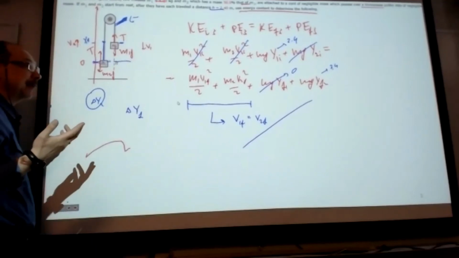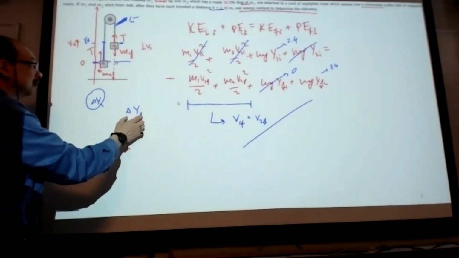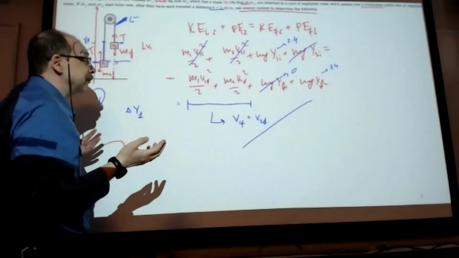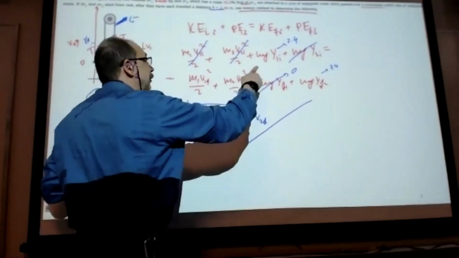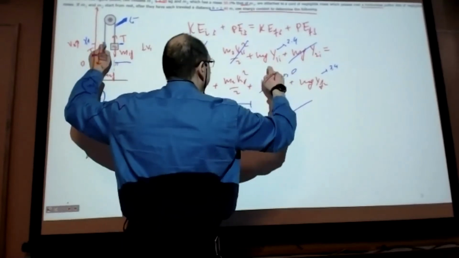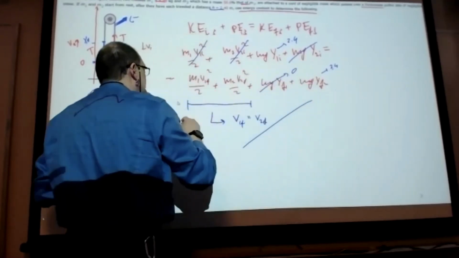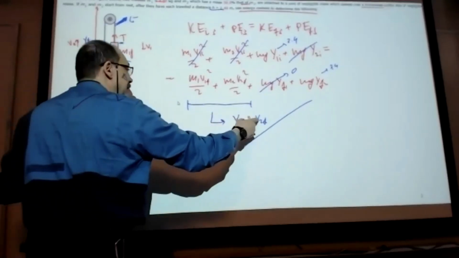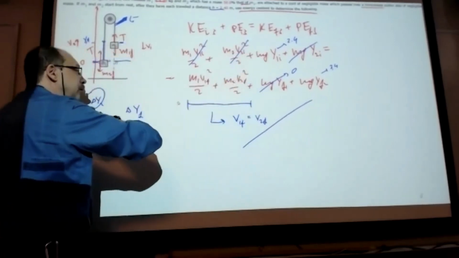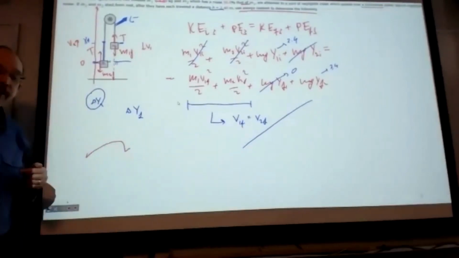We can choose it. It doesn't make any difference because only delta y matters. So in that case, potential energy changes from 0 to this, and this potential from this to 0. And because they travel together, they have the same speed. And in this equation, you know everything except speed. You plug it in and you calculate the speed.